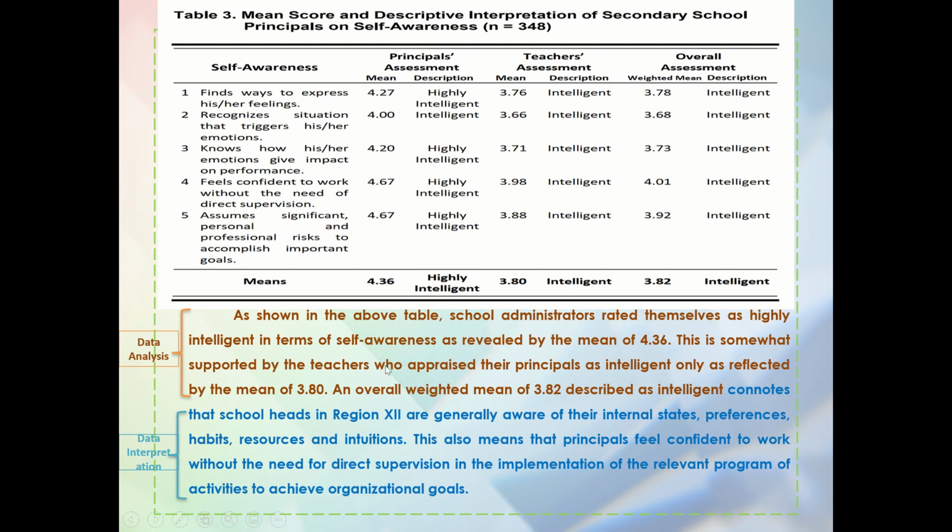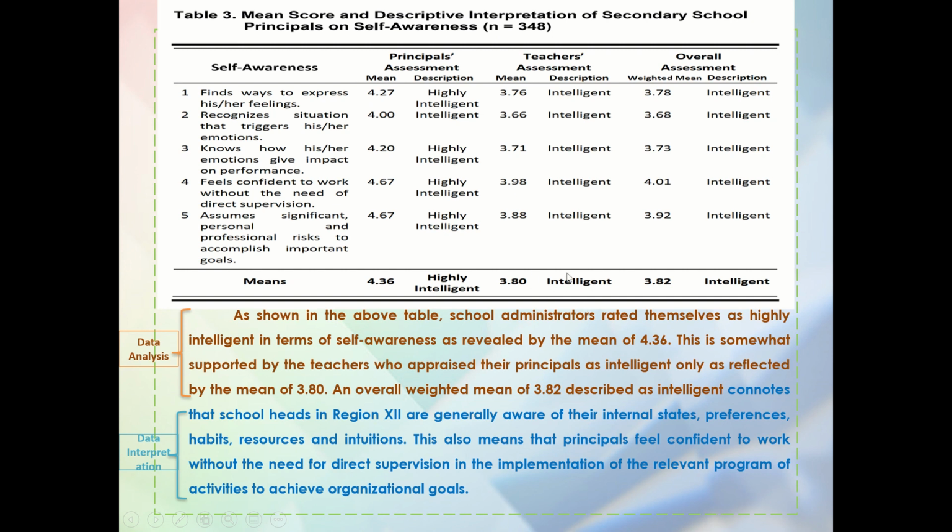So this is somewhat supported by the teachers who appraise their principals as intelligent. Ito siya. As intelligent only as reflected by the mean of 3.80. So after maipakita ni researcher yung result sa principal, pinakita naman niya yung result sa teacher.